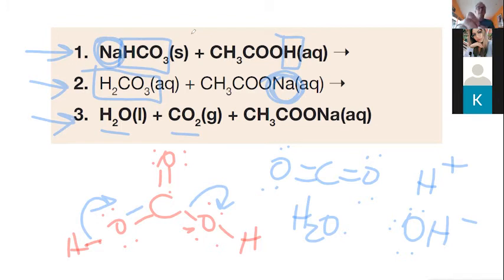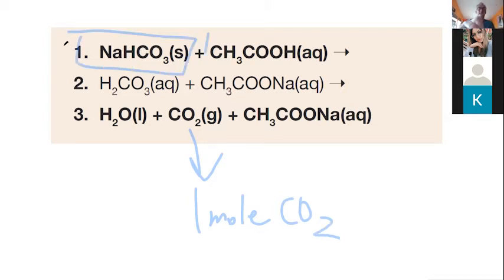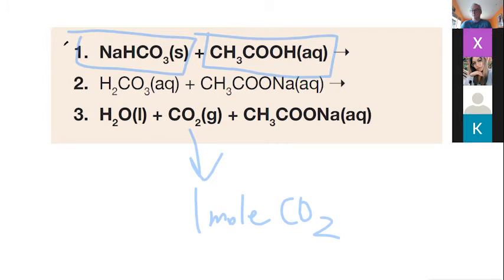So if we want to make 1 mole of CO2, we're starting with our bicarbonate and with our acetic acid. How many moles of bicarbonate and acetic acid are we going to need? 1 mole of each one, exactly.